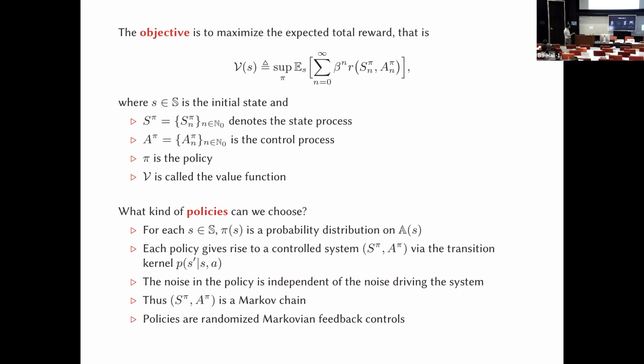And as I said, this is different to the usual setup in stochastic control, because there we try to avoid the randomness in the control, the additional randomness, because we don't need it. Here, as long as we don't talk about reinforcement learning, we will also not need it. You could use deterministic rules all the time.